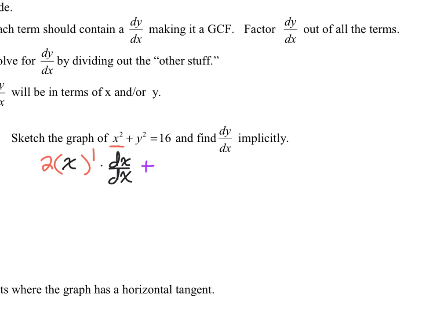All right, the y squared. That's again something to the second power. So the derivative of that would be 2 times whatever that something is to the first. That something is a y, and it has a derivative of dy/dx.